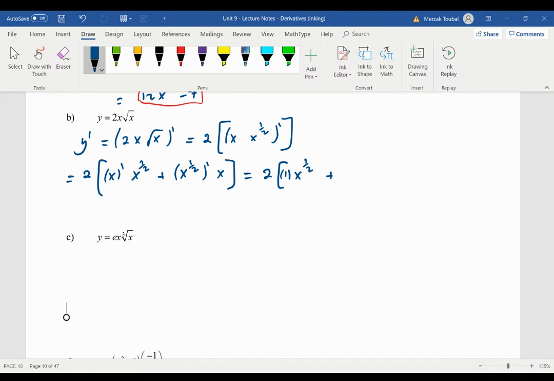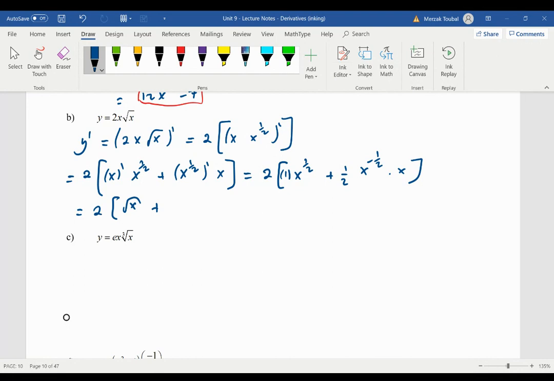Derivative of x to the 1/2 is 1/2 x to the negative 1/2, because you do 1/2 minus 1, times x. Now, what's left is just simplifying. So 2 times, now x to the 1/2, which is same as square root of x, plus, we have x times x to the negative 1/2.